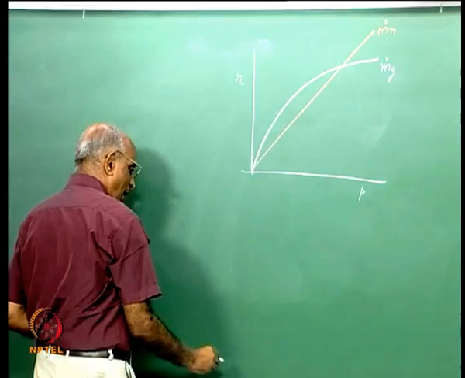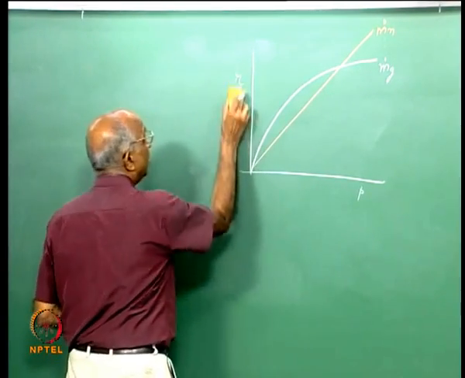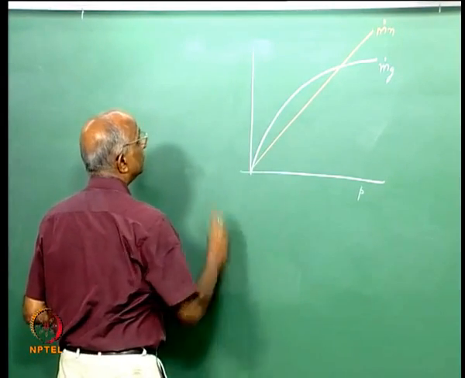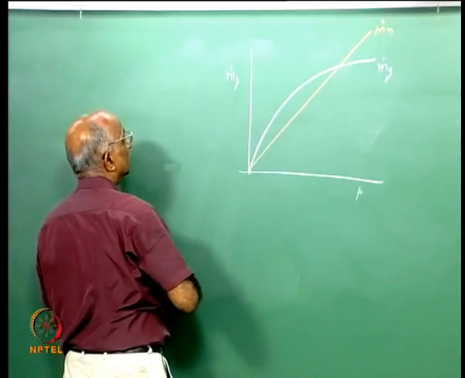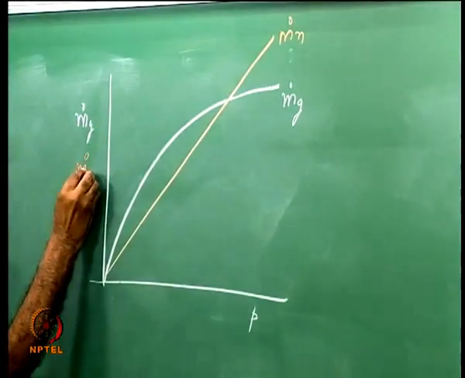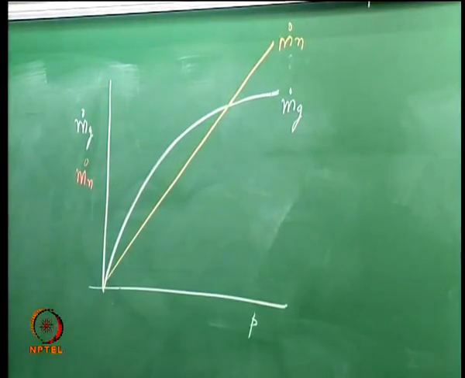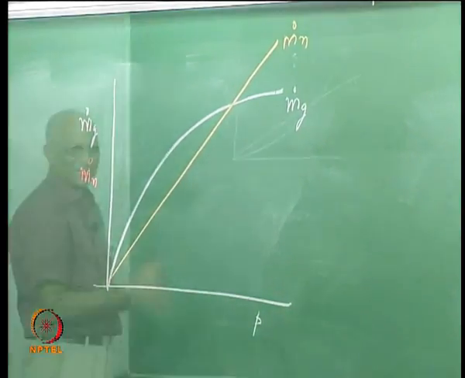I should not have written r here, I should have written m dot g and m dot n, right. Okay. Let us take a look at these.